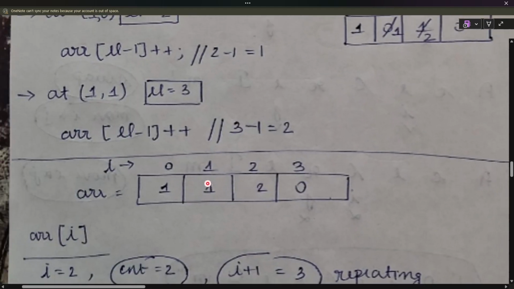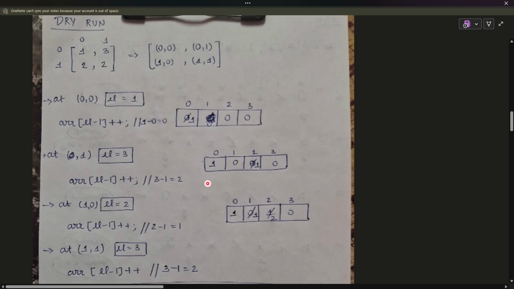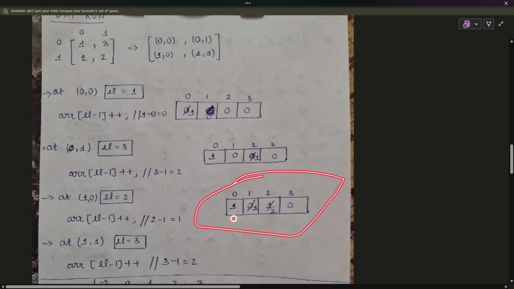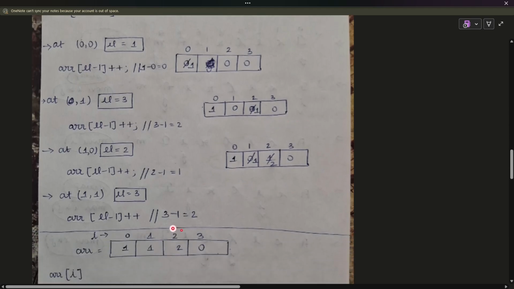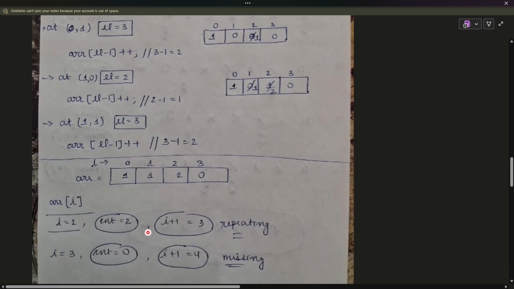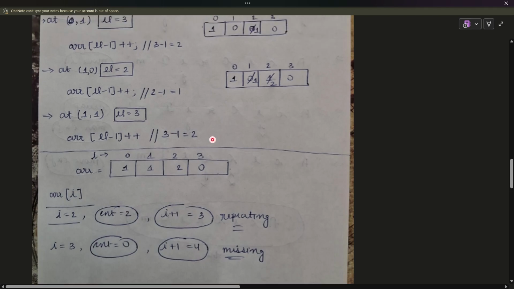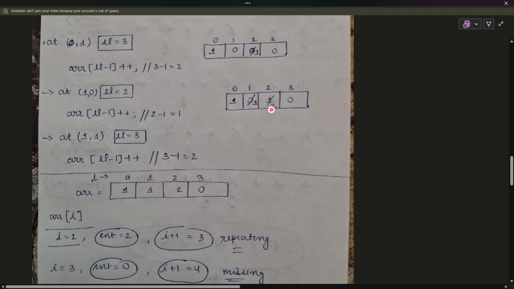If the intuition is very clear, I have just written it wrong. Sorry for that. But we have just calculated the frequency, so the intuition is clear, right? The count here will be 2, here it will be 2. So what does 2 represent?